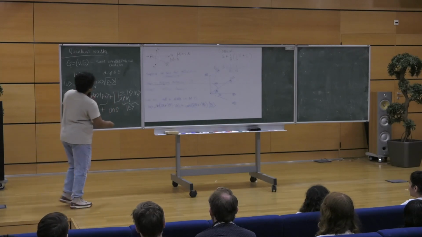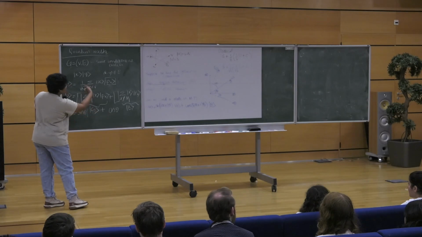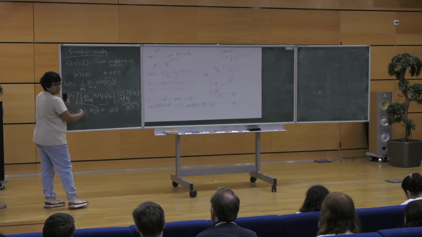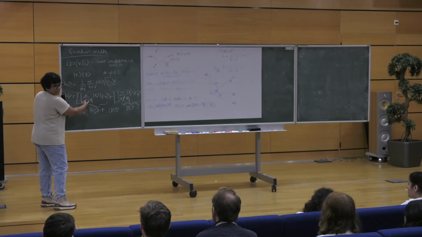So let's look at the amplitude of the good state. How many elements do you have in your good state? You have about m of them, right?